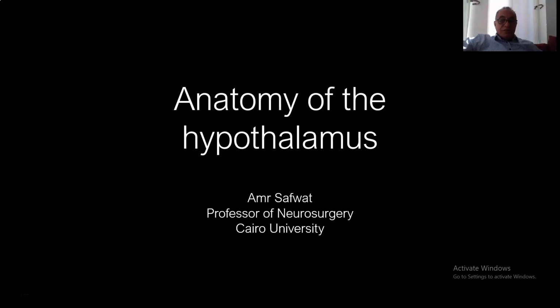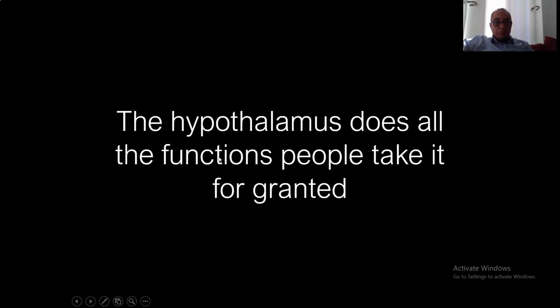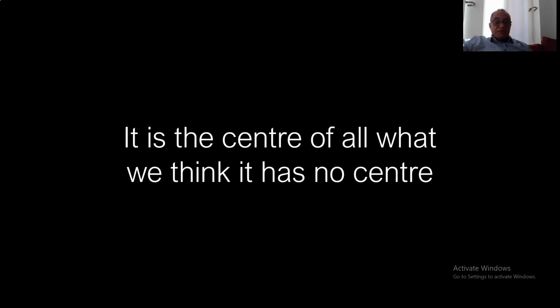Hello everybody. In continuation of our series of applied neuroanatomy, today we are going to discuss the anatomy of the hypothalamus. The hypothalamus does all the functions. People take it for granted. It is the center of all what we think. It has no center.